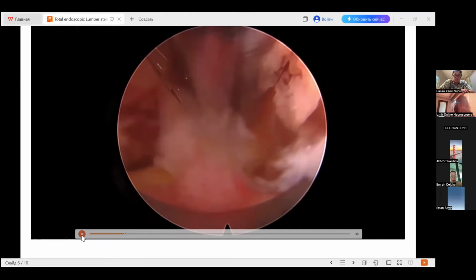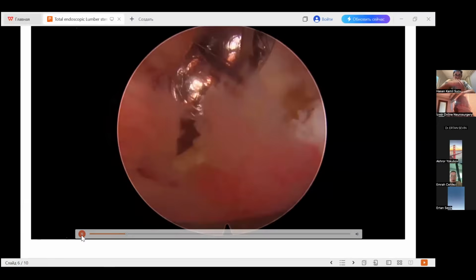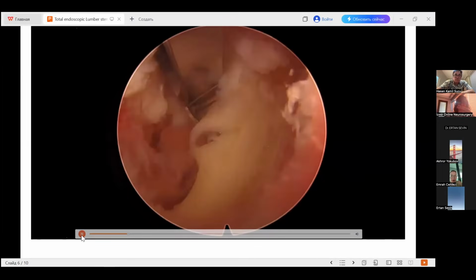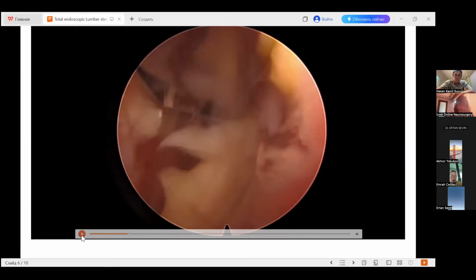When I hold the flavum and rotate the scope, I have to see under it, because I make sure my punch is not holding the dura. This is very important. Sometimes there is stenosis between the ligamentum flavum and dura mater.